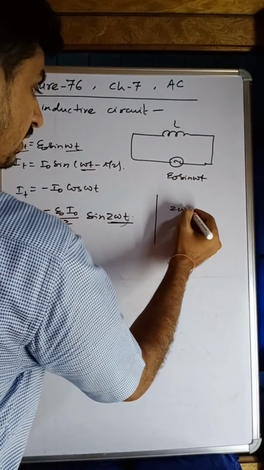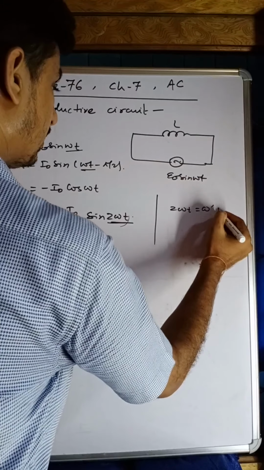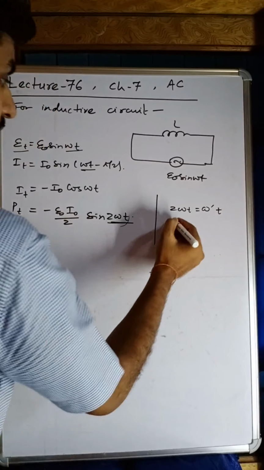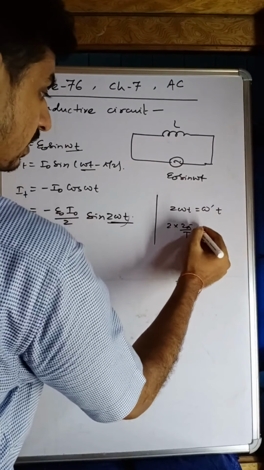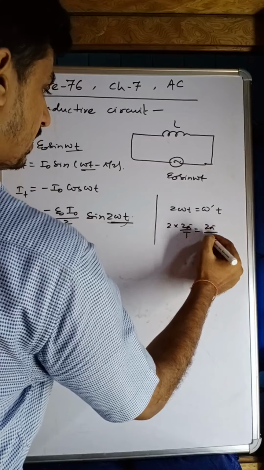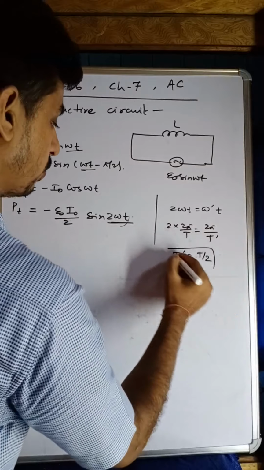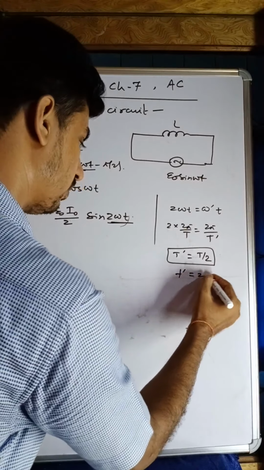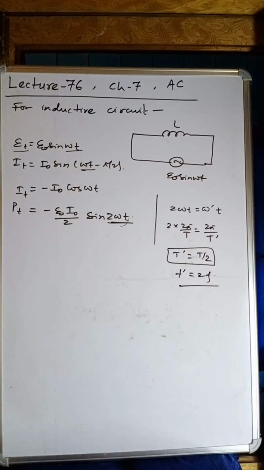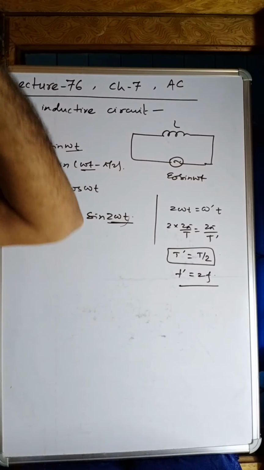So 2 omega t equals 2 omega dash t. I hope you remember how to find it. Omega is 2 pi by T, T will be cancelled out, it equals 2 pi by T dash. So T dash will be T by 2. You can see the time period becomes half, so the frequency will be doubled. F dash will be 2f. Frequency will be double.